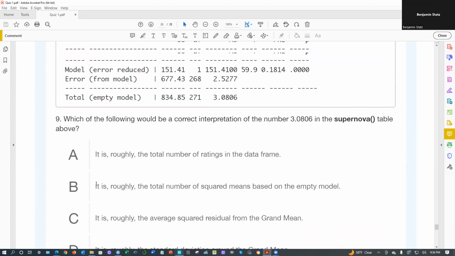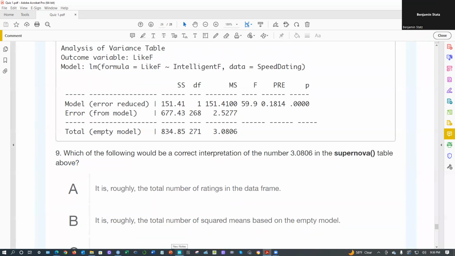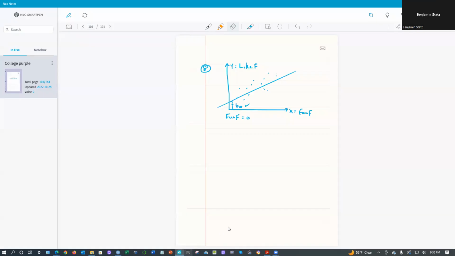Let's say you have a model with intelligence as the variable. It doesn't matter which variable.